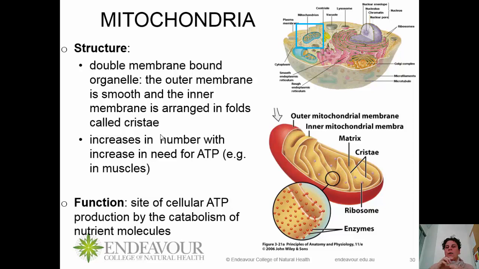Okay, more space, and these ribosomes also contain something we call enzymes. Now, these enzymes are really, really important, because what they do is they take your food and they create ATP out of it, which is your energy. Okay?